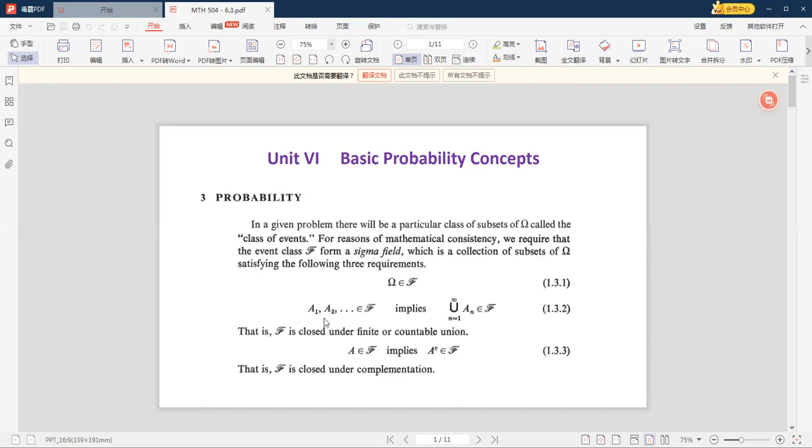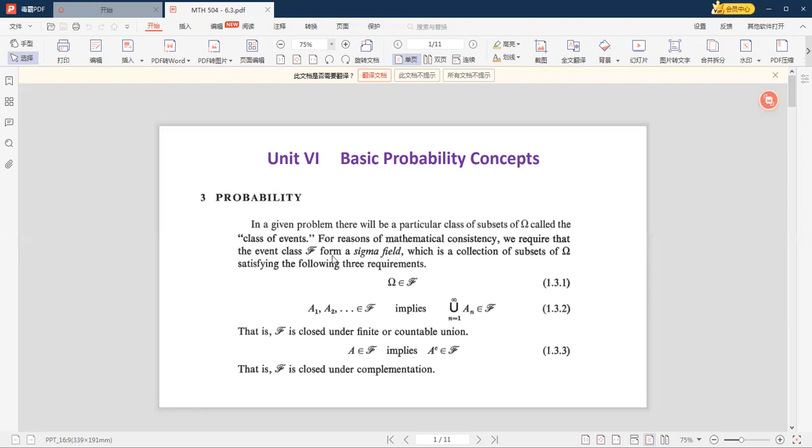And the other thing is, if you have multiple events or subsets of omega, we call them A1, A2, whatever, it implies the union of them is also in this class.